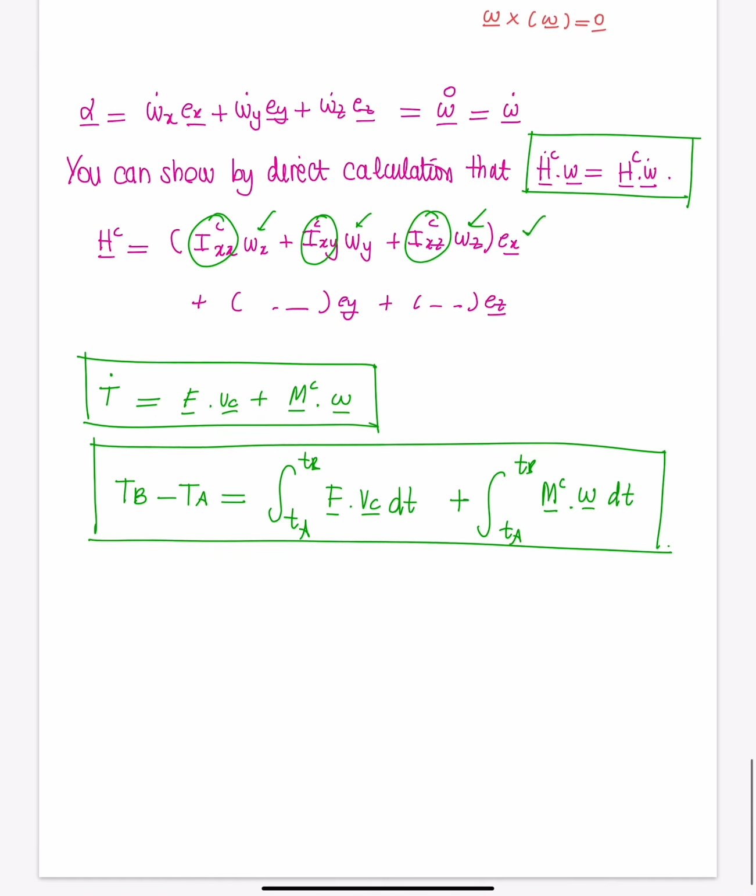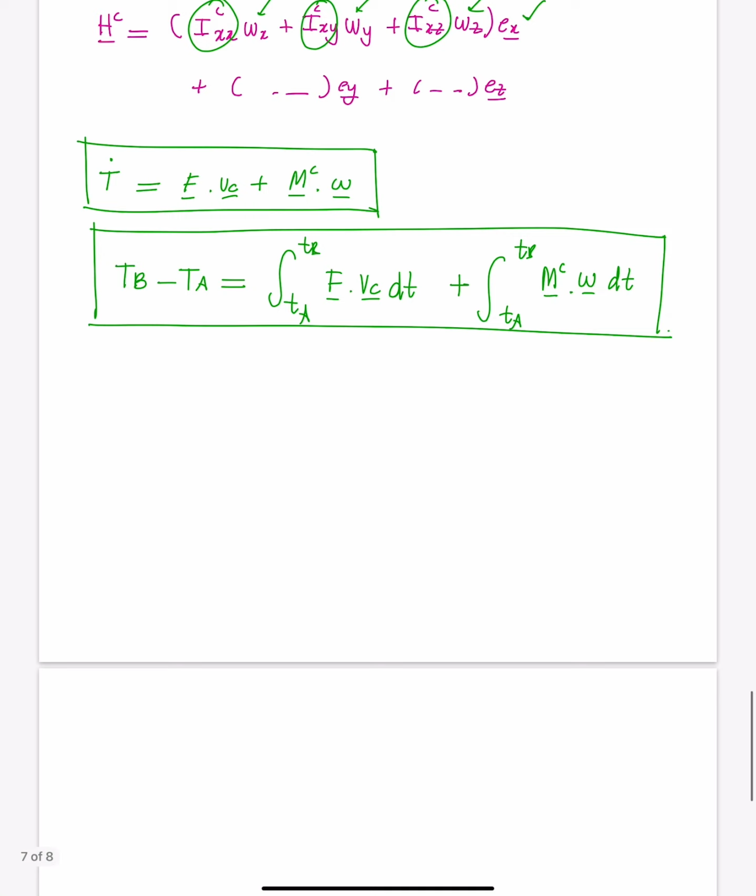Okay, so here, F is the sum of forces acting on the body, so that's equal to the sum of the individual forces. And then the sum of moments about the center of mass, that's the couples, plus the moments of all the forces about the center of mass, the sum of Ri minus Rc cross Fi.